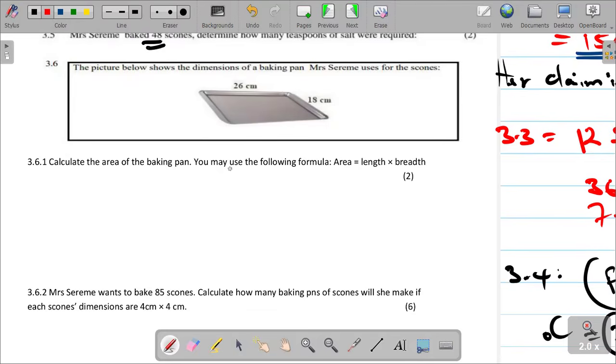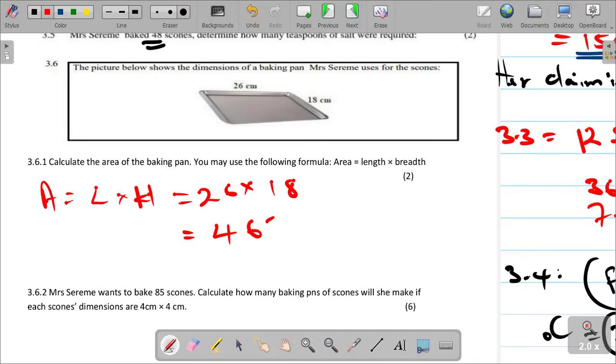You may use the following formula: area is equal to length times width. So this is equal to 26 times 18, which gives us 468 square centimeters.